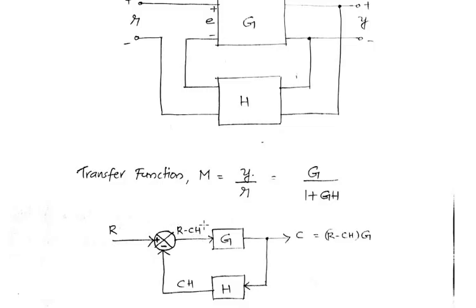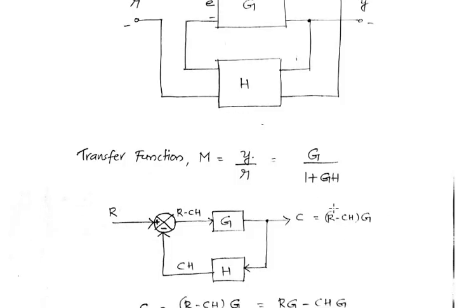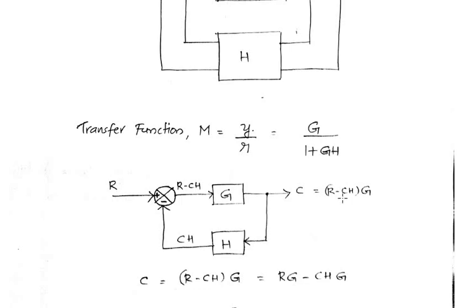This R minus CH signal is applied to the element with the gain G. Then obviously the output of this element would be R minus CH into G. So that is our final output C. Output C is equal to R minus CH into G.